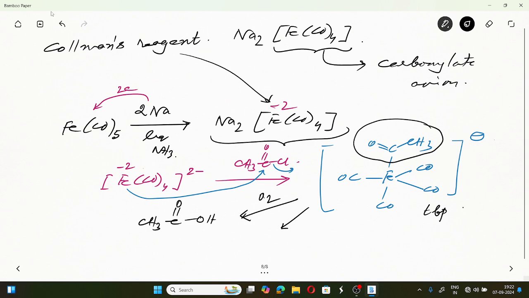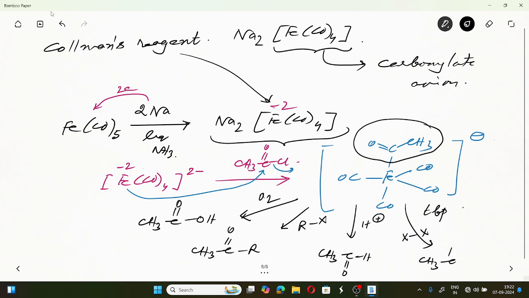Now when this is treated with RX, alkyl halide, so CH3COR, ketone হচ্ছে. This is acidified, upon acidification this is converted to CH3CHO, aldehyde হচ্ছে, and upon treatment with halogens this will be converted to CH3COX.